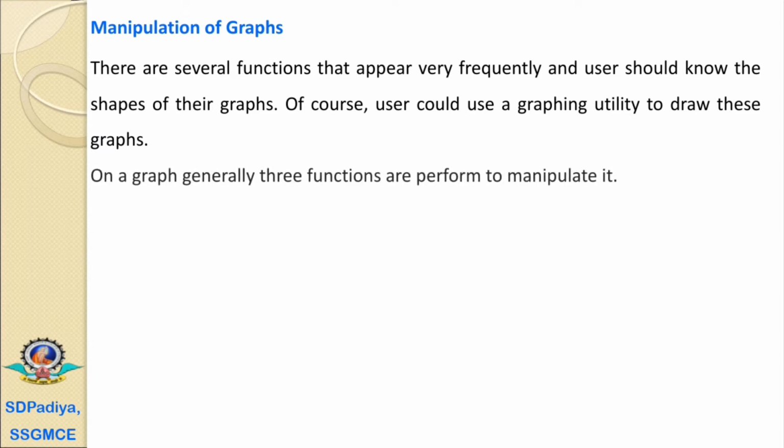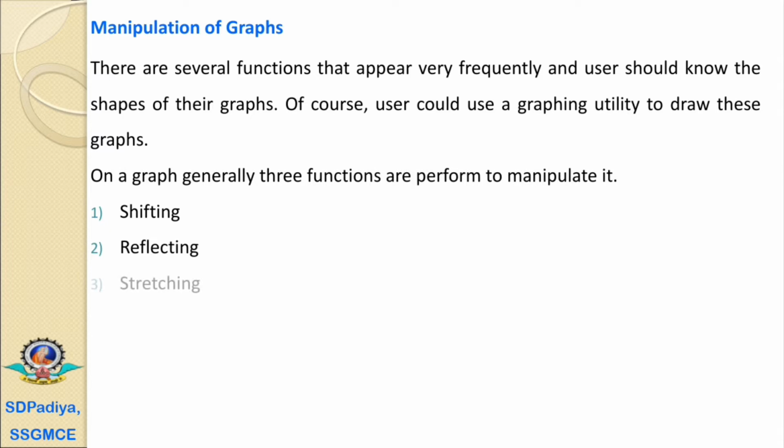Now, on a graph, generally three functions are performed to manipulate it. The first function is shifting. Here, we can perform the shifting of a graph on the x-axis or on the y-axis. Second is reflecting. Here we can perform the reflection of a graph along the x or along the y-axis.